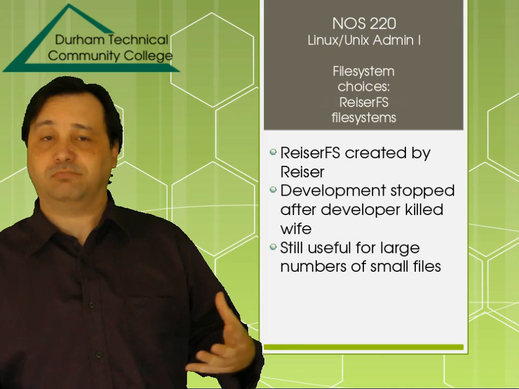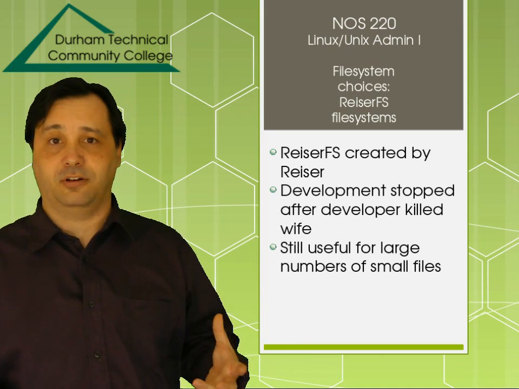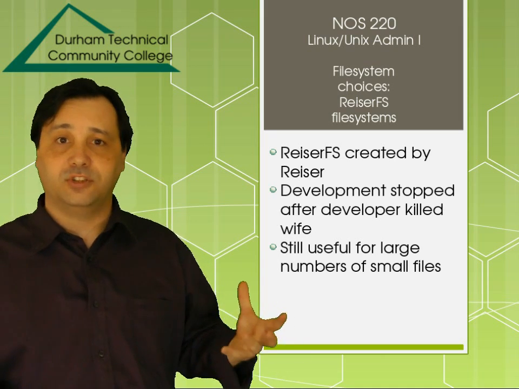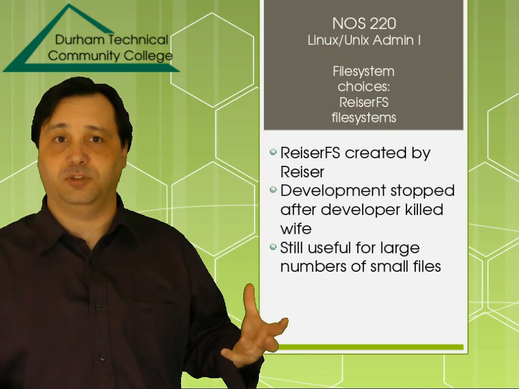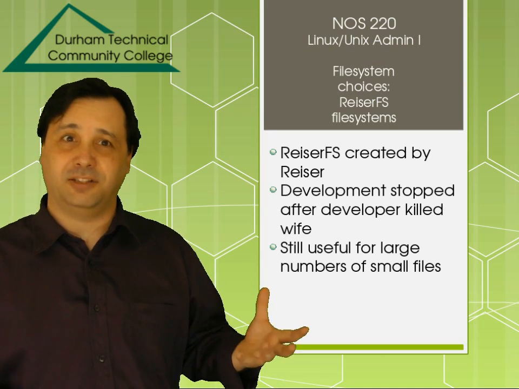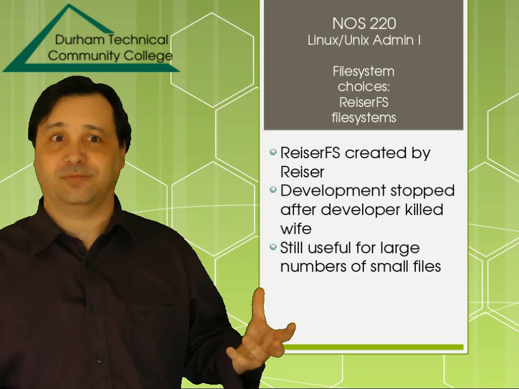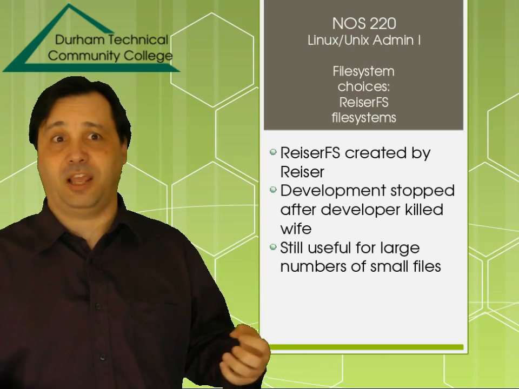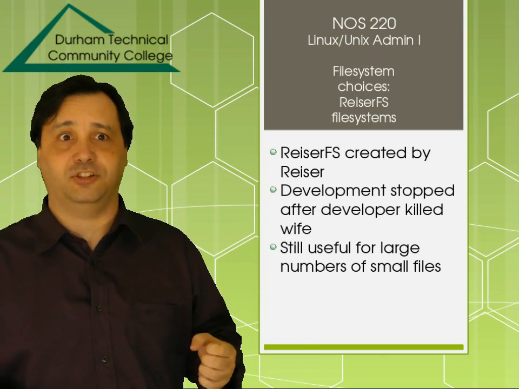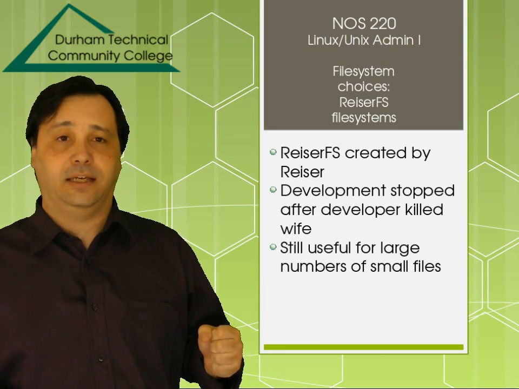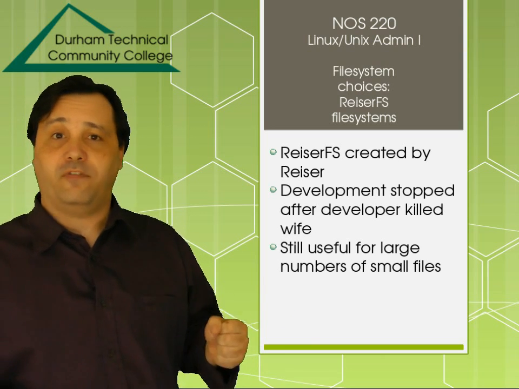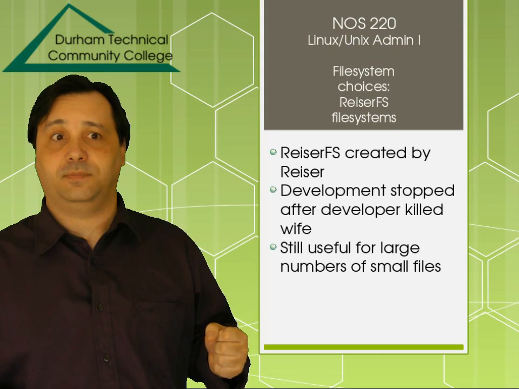Finally, there's the now almost defunct ReiserFS. Once considered one of the most promising replacements for ext, ReiserFS is now languishing after its creator and maintainer became involved in a somewhat sensational murder case as the defendant. Work on the file system has all but ceased.